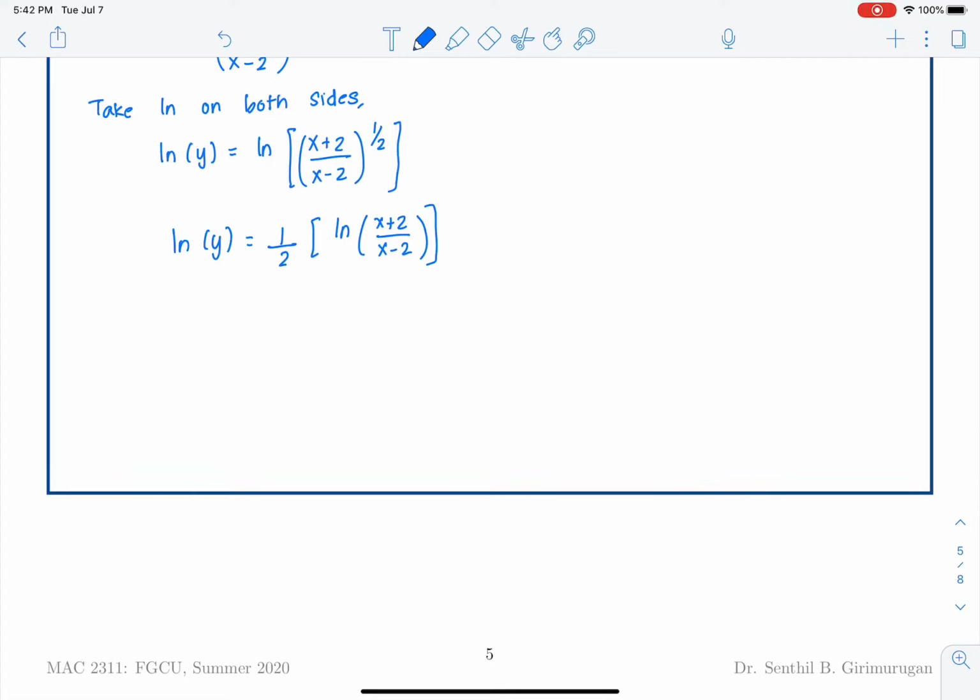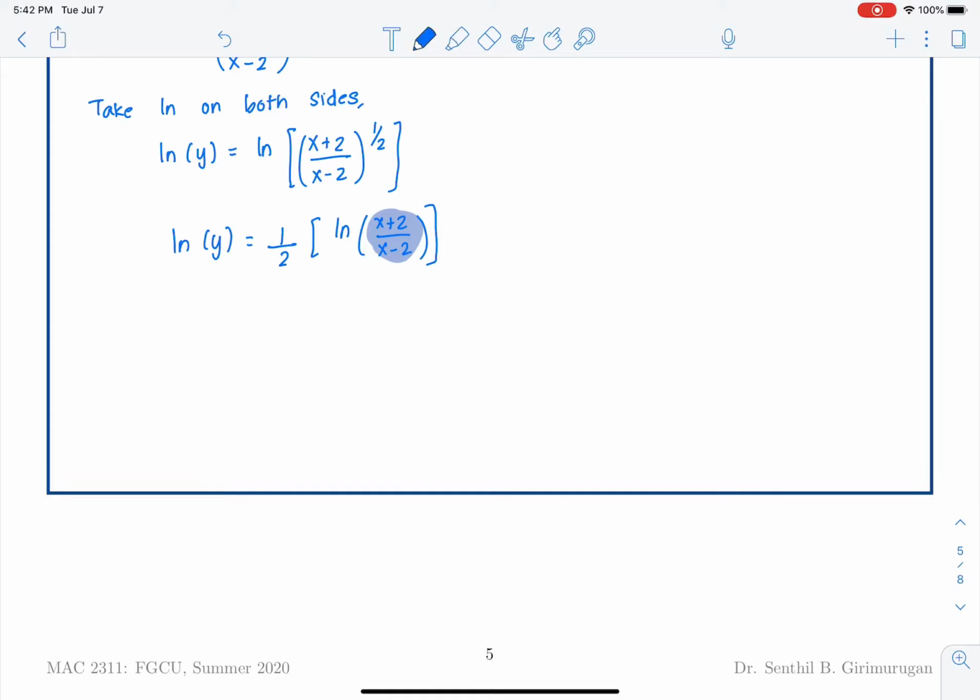You may jump right away and say, oh, well, I could take the derivative at this step. Well, you can do that, but you would end up using chain rule again, which is going to result in quotient rule one more time, or it'll just show up because of the function that is inside the logarithm.